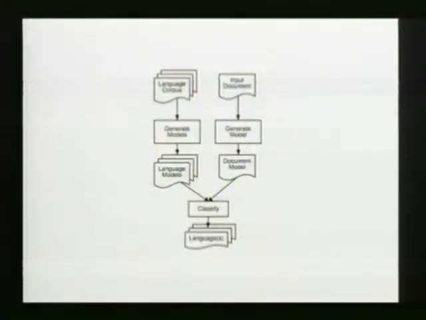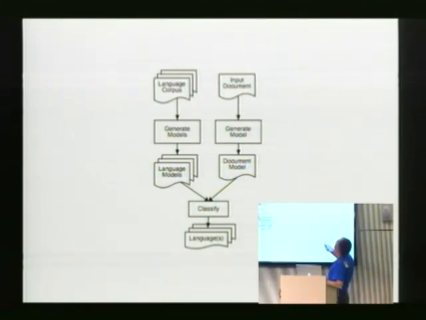You have a sample corpus, a language corpus, you generate your models, and then you have the language models, and you compare your documents to these language models. You have the input document, you generate a model from the input document, then you compare the two, you can classify them, and then you can identify the language.